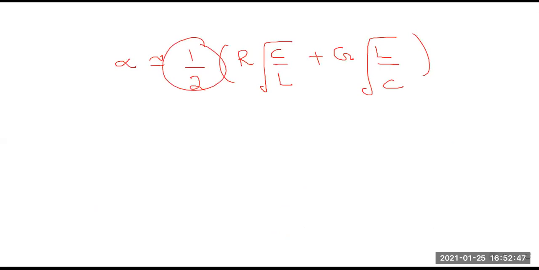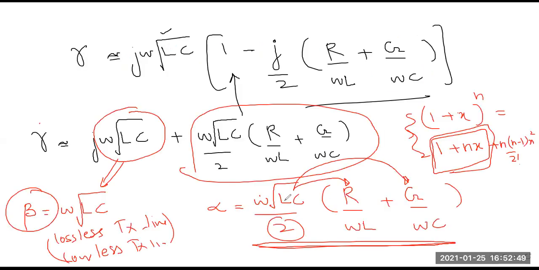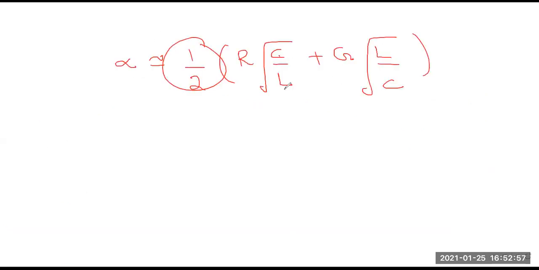Then you have R, and because you have root L and L, the root L comes in the denominator and root C in the numerator. Similarly you get this.